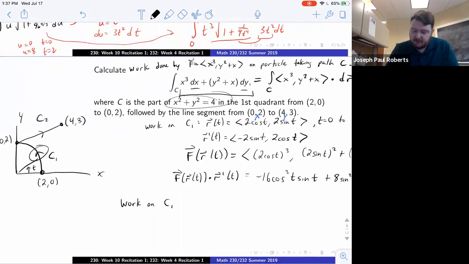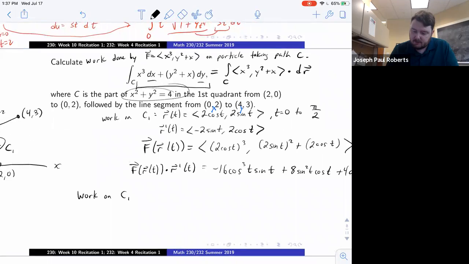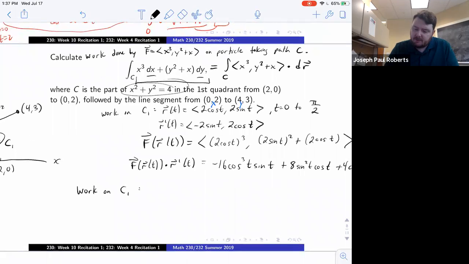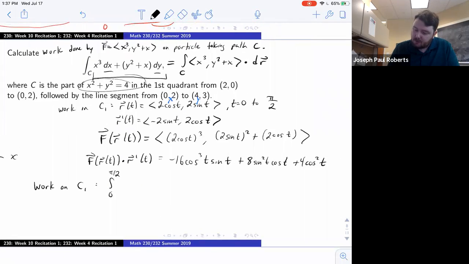So the work on the particle taking the path C1 is going to be the integral from 0 to pi over 2 of this f dot r prime, so minus 16 cosine cubed t sine t plus 8 sine squared t cosine t plus 4 cosine squared t.